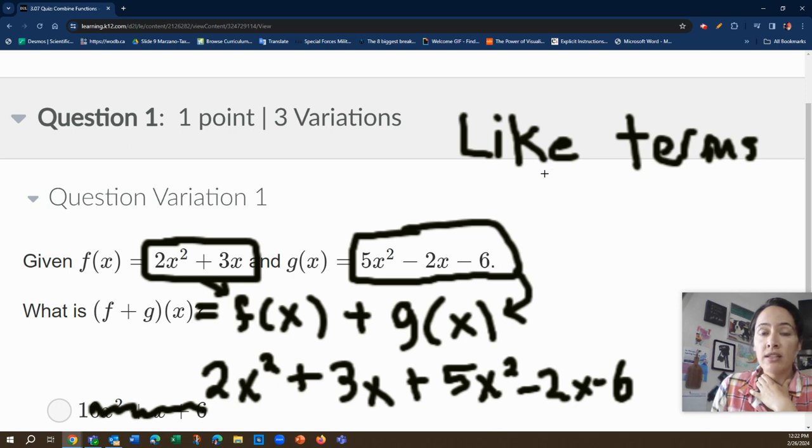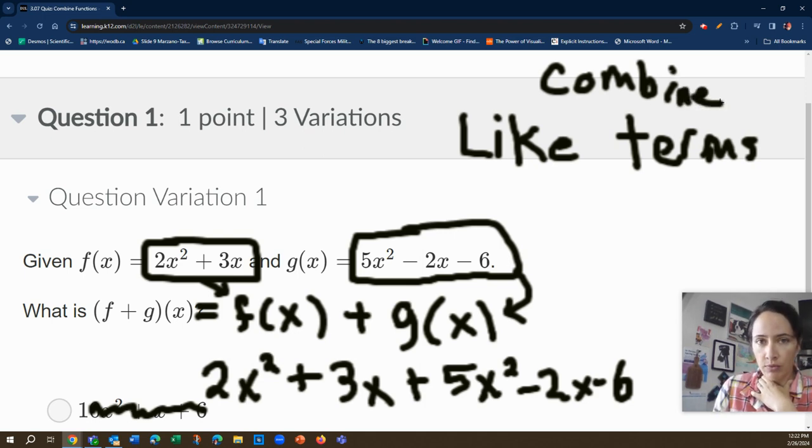The way we talk about combining like terms is you combine the coefficients of terms that have matching variables. And the matching variables need to have the same letter and the same exponent.